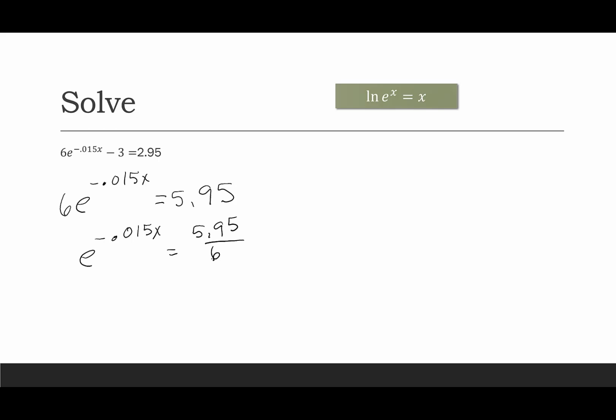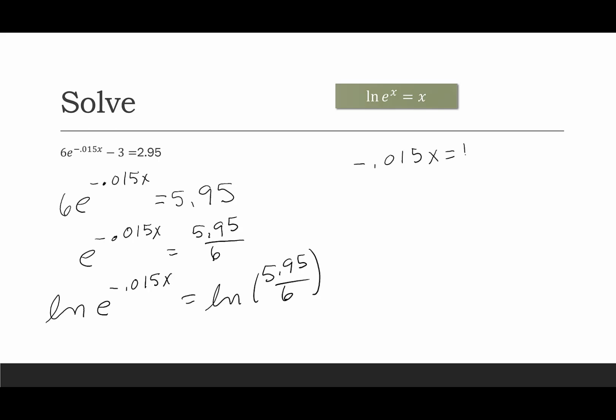Now we can take the natural log. Natural log on the left, e to the negative 0.015x. I put a natural log on the right. And notice I don't grab my calculator and put 5.95 divided by 6. I'm just going to leave it alone, go to my calculator at one time. The natural log of e to the negative 0.015x is negative 0.015x.